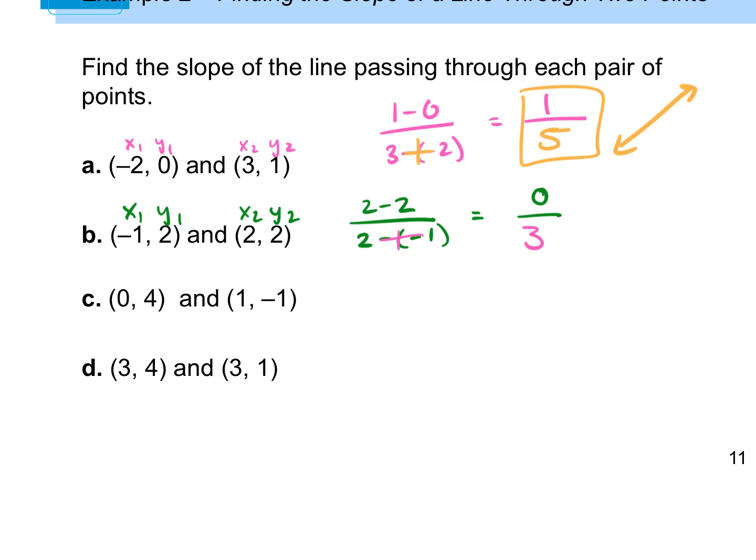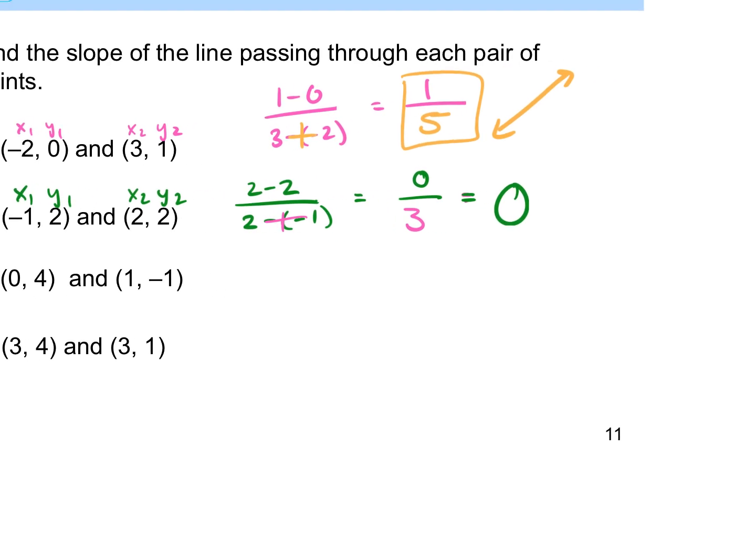What does 0 over 3 simplify to? What is 0 over 3? 0. So what would this line look like if our slope was 0? Horizontal or vertical? Horizontal.